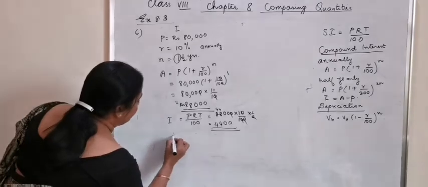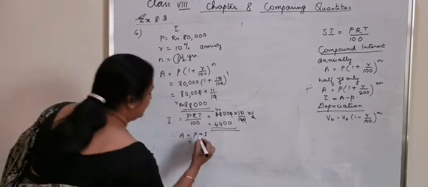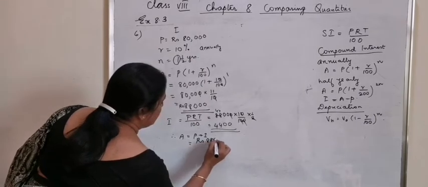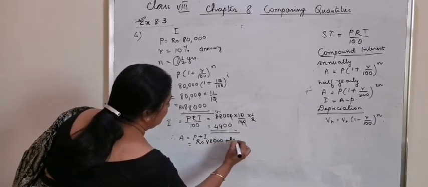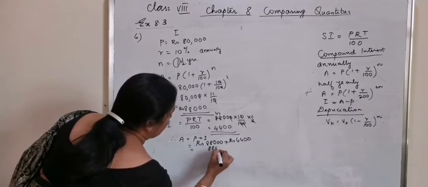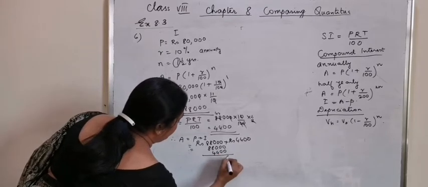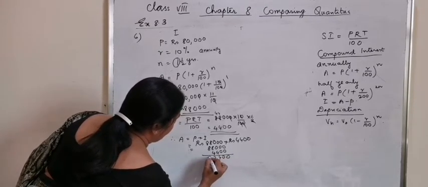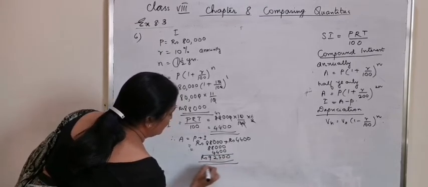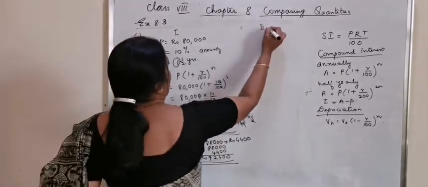Therefore amount is equal to P plus I, which is equal to rupees 88,000 plus rupees 4,400, or 88,000 plus 4,400, rupees 92,400.